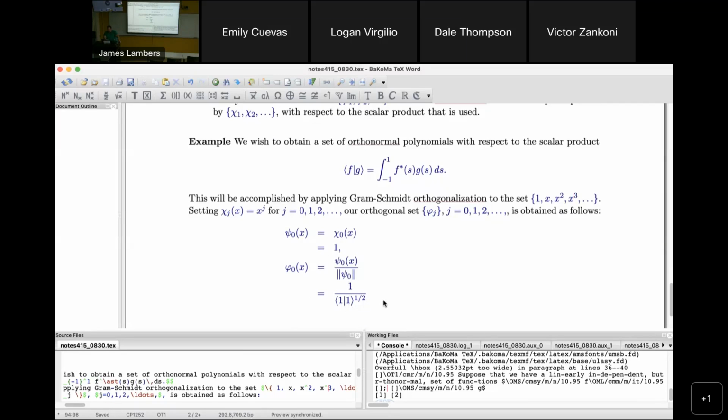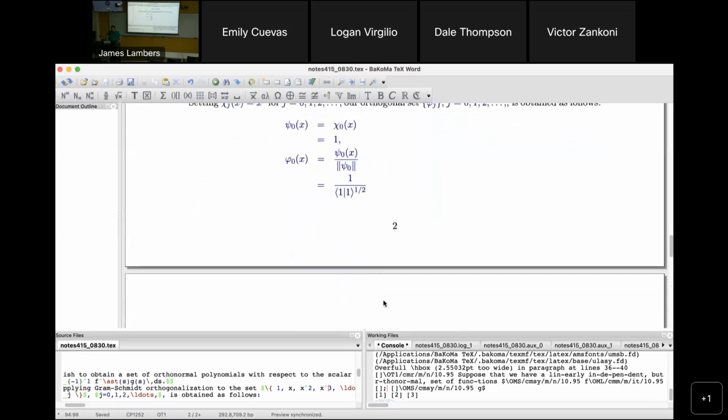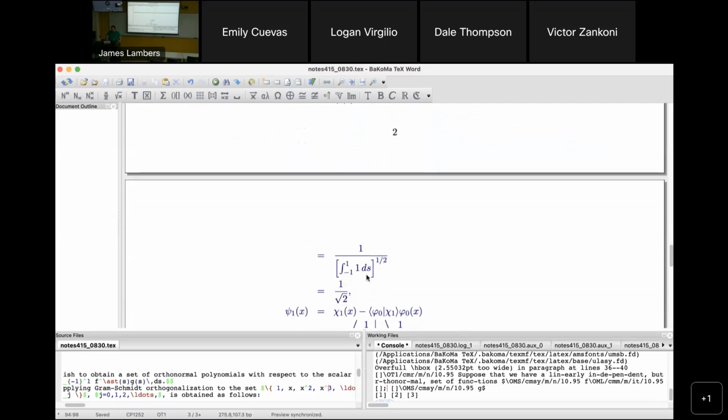So we write out what that is. That's going to be the integral of 1 squared from -1 to 1, and then we take the square root. Well, the integral of a constant over some interval a b is just the difference of the endpoints times the constant. So the integral is 2. So we have to take the square root, and we get 1 over square root of 2.